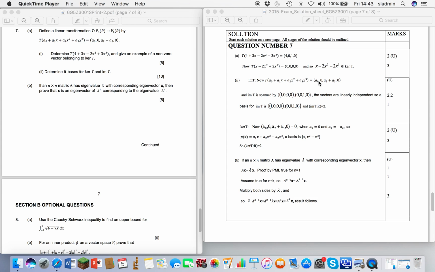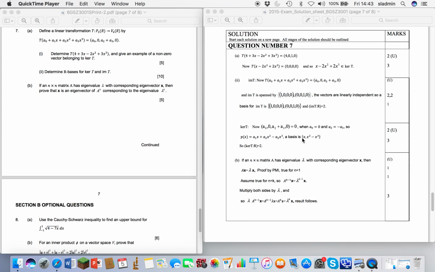Okay, for the kernel, we want to know when is this element here equal to 0. So this is equal to 0 when a0 is 0, but also when a2 is minus a3, which means that the general form of the polynomial p of x is a1x plus a2x squared minus a2x cubed, because remember a3 is minus a2 and a0 has to equal 0. Now this polynomial here is spanned by two polynomials.